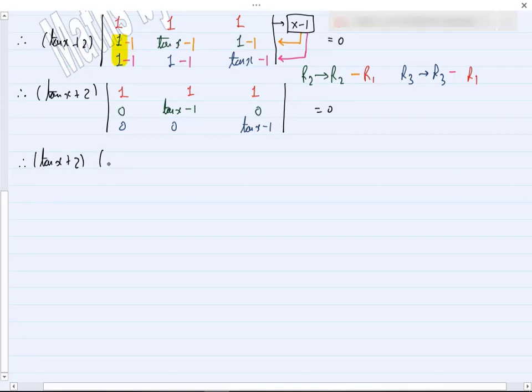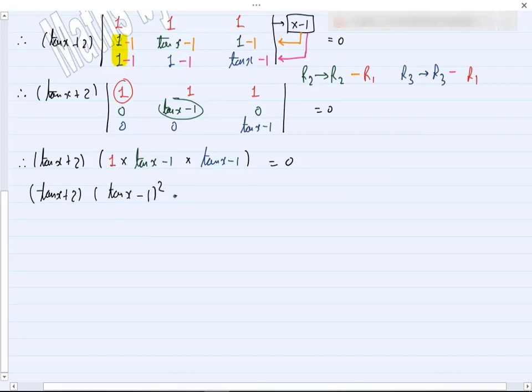And the value of the determinant can be found by multiplying the principal diagonal elements: 1 into tan x minus 1 into tan x minus 1 again. So here we get two different factors, tan x plus 2, actually three factors, but two distinct factors, right?